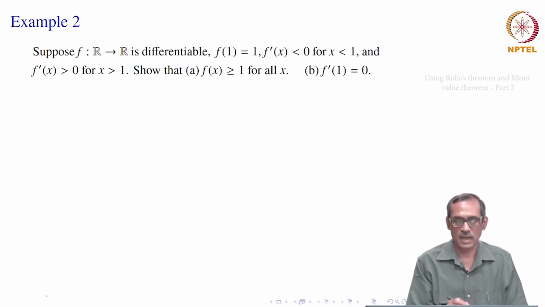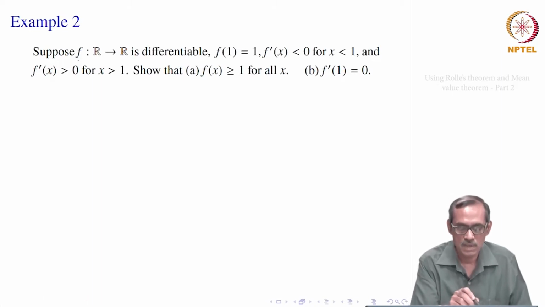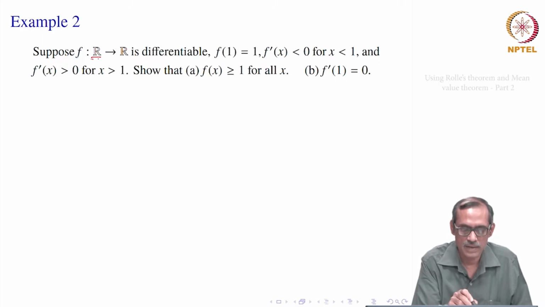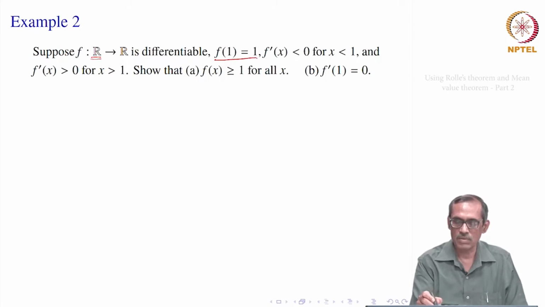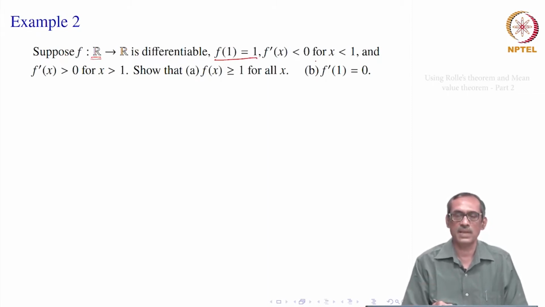Now, let us take another example. Here we have a function which is defined on the whole of R. So, f is a function from R to R, and it is known to be differentiable. Further, we have some more information that f(1) is equal to 1 and f prime x is 0 for x less than 1.